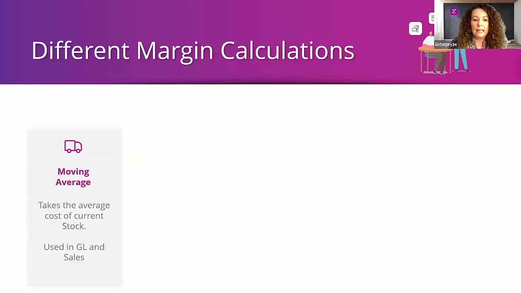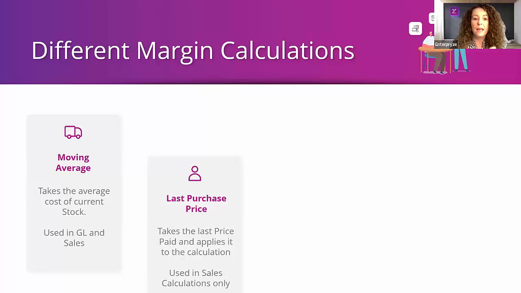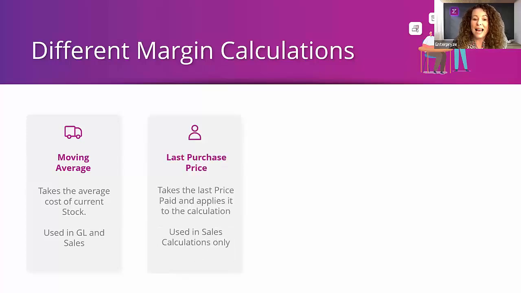So we've got different margin calculations, some of which we've mentioned already. Moving average takes the average cost of the current stock, and is used in the general ledger and on sales transactions. Last purchase price takes the last price paid and applies it to the calculation, used in sales calculations only.